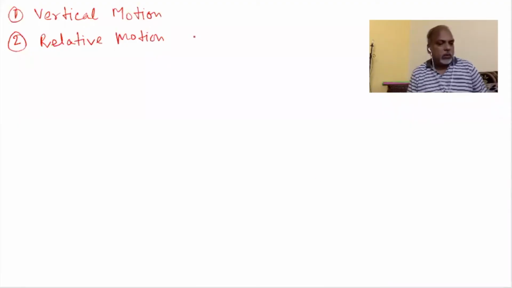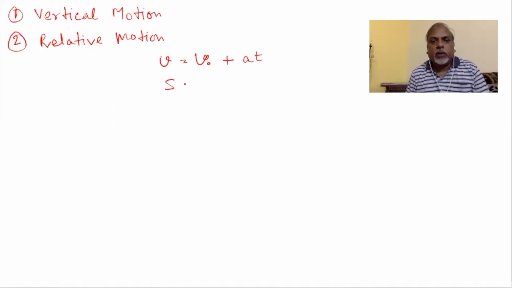Well, folks, so far in our previous lecture, we have studied the kinematic equations of motion. That is, v is equal to v0 plus at. Then, of course, displacement s is equal to v0 t plus half at squared.